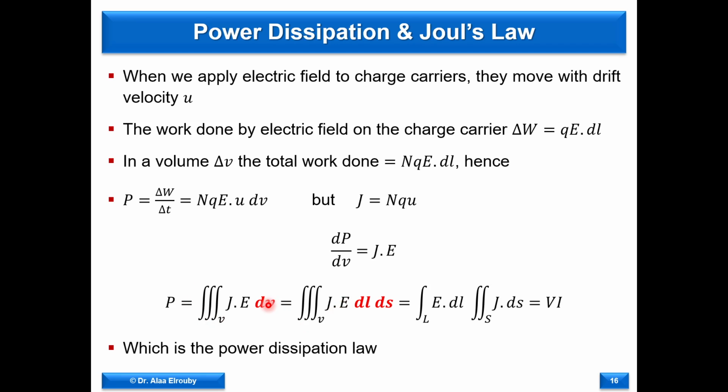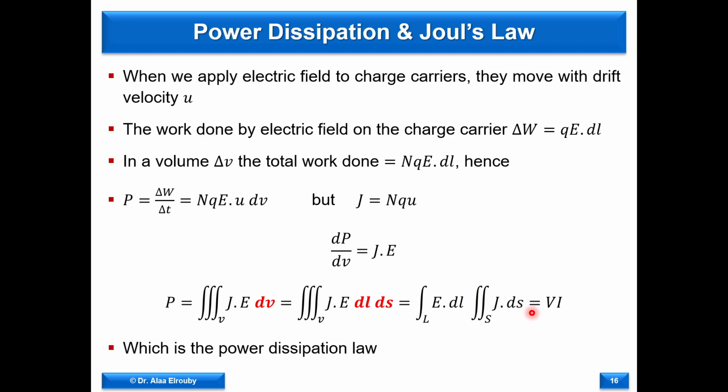Now we express dv as two components, dl and ds, a base and length, and we can redistribute those terms: E dot dl in one integration with respect to dl, J dot ds in a double integral with respect to ds.